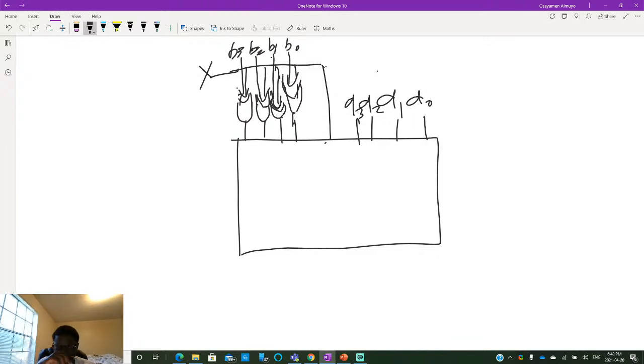Now, why does this work? Why an XOR gate?